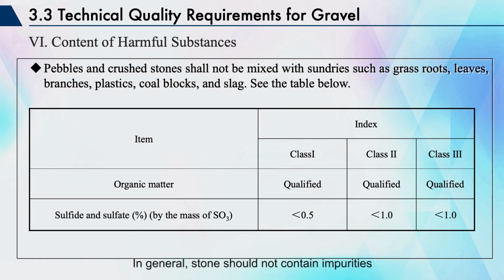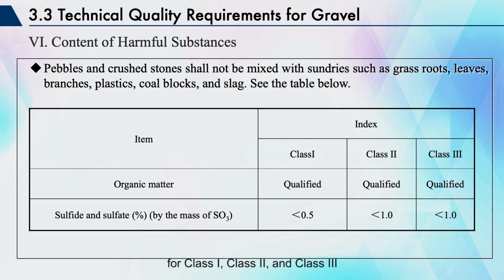In general, stone should not contain impurities such as pebbles in crushed stone or debris like grass roots, leaves, twigs, plastics, coal briquettes, and slag. The content of harmful substances varies depending on the stone category.